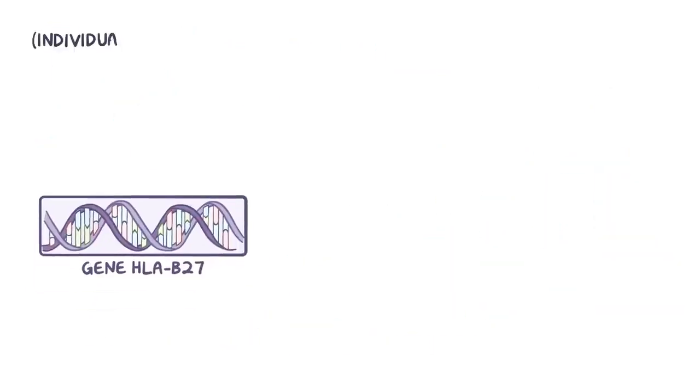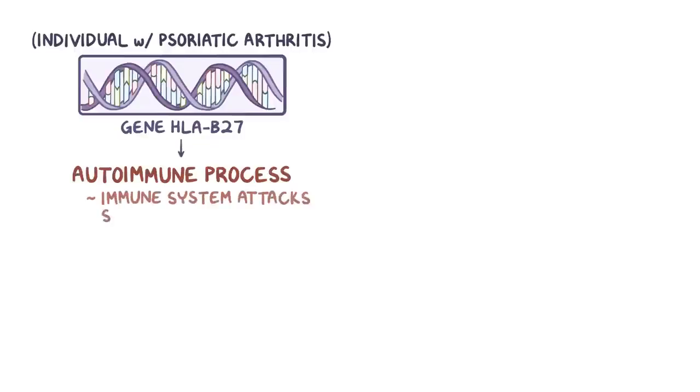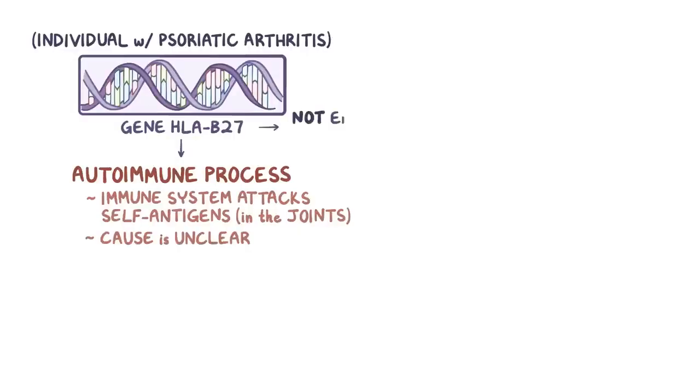Now, many individuals with psoriatic arthritis have a specific version of the gene HLA-B27, which somehow leads to an autoimmune process. In these individuals, the immune system attacks self-antigens, specifically ones in the joints. Exactly what causes this is unclear, but it's clear that the gene itself is not enough to trigger psoriatic arthritis.